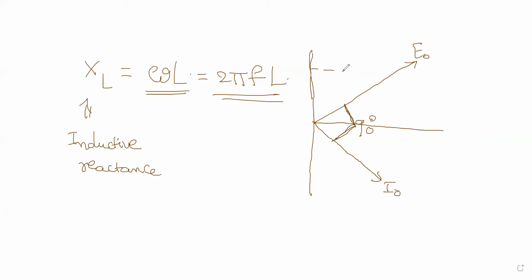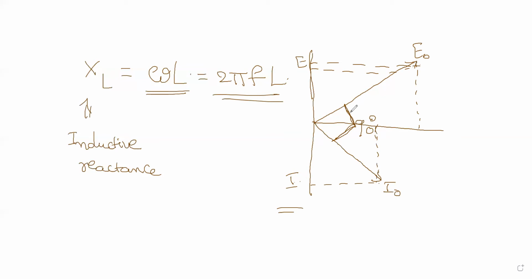So this part is the E, and this part is the I. E and I. If I draw this, voltage leads the current.